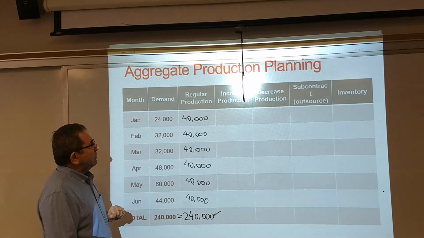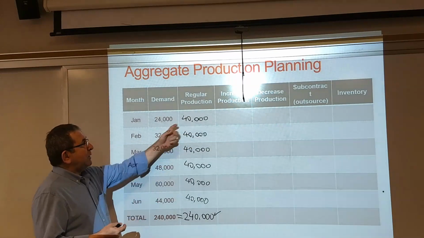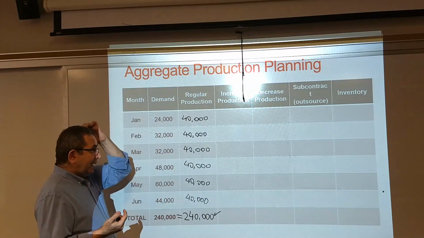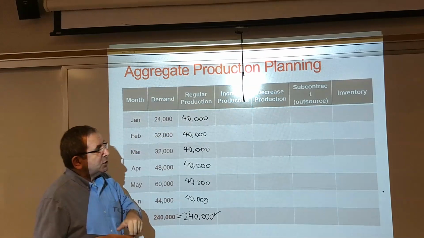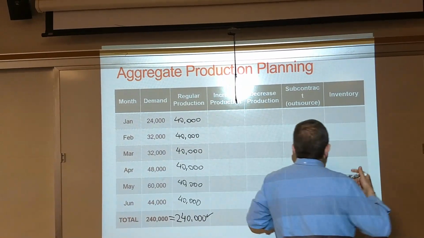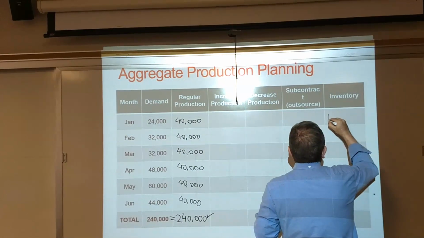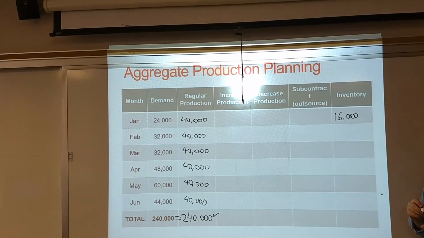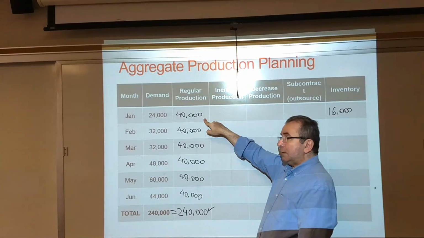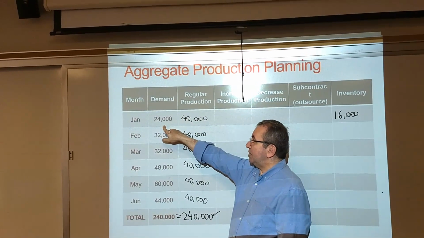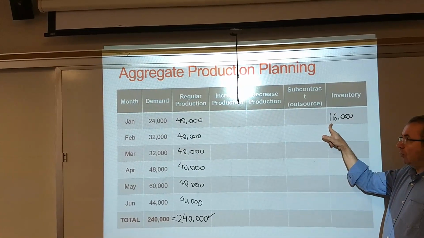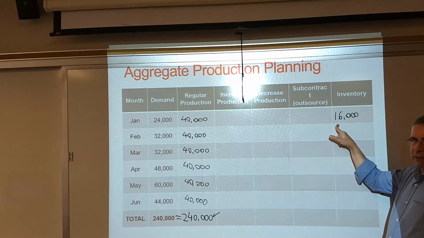So the customers only buy 24,000. The excess production has to go to your warehouse. So that's going to be 16,000 items put in inventory.